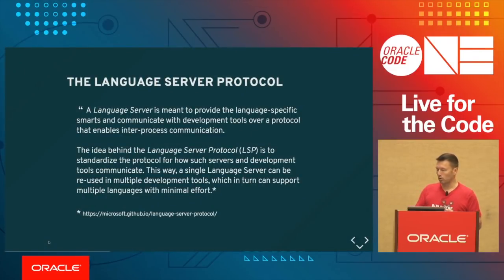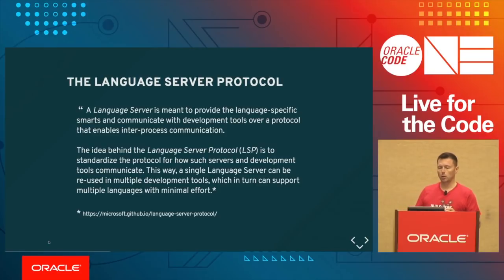So the language server protocol, if we look at the definition on the website of the protocol, we can see that a language server is meant to provide the language-specific smarts and communicate with development tools over a protocol that enables inter-process communication.